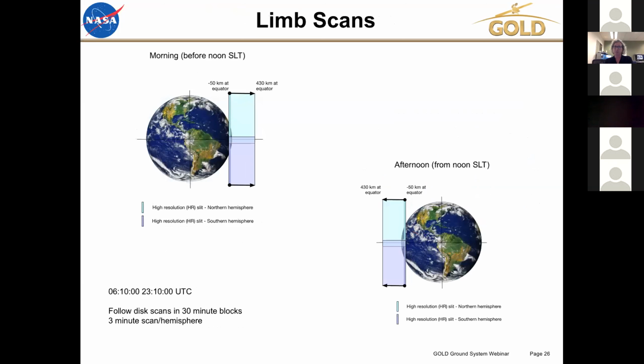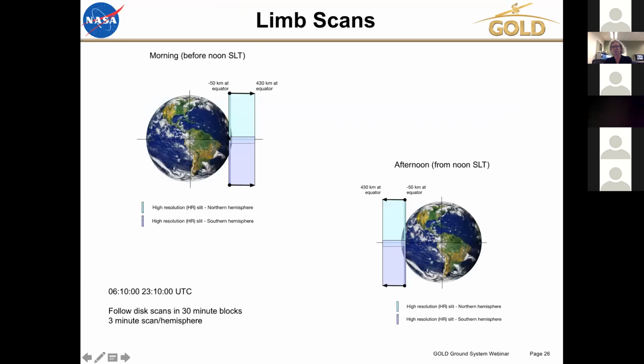So we mentioned that you can either follow that by a limb scan. Here's what the limb scans look like. In the morning, before noon spacecraft local time, the sun is over here on this side and illuminating this portion of the limb. So for a limb scan, we start at 50 kilometers below the Earth's surface and scan out to 430 kilometers.